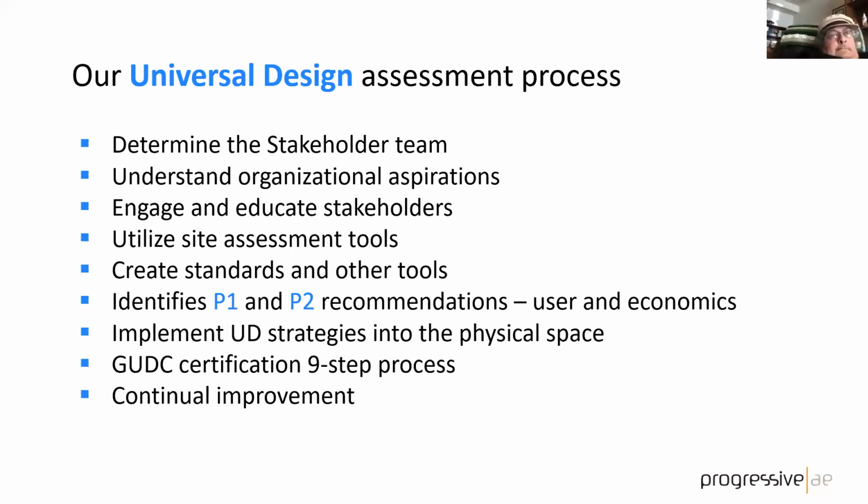Once we identify the P1s and the owner buys into it, we implement those into the physical space. And then there's a 9-step process for the Global Universal Design Commission certification process. By the way, if you want to do something in the next few days, go look at the GUDC website. It was just revamped a couple days ago, but you'll get a better view of what they do, as they're the independent certifying body. Next.